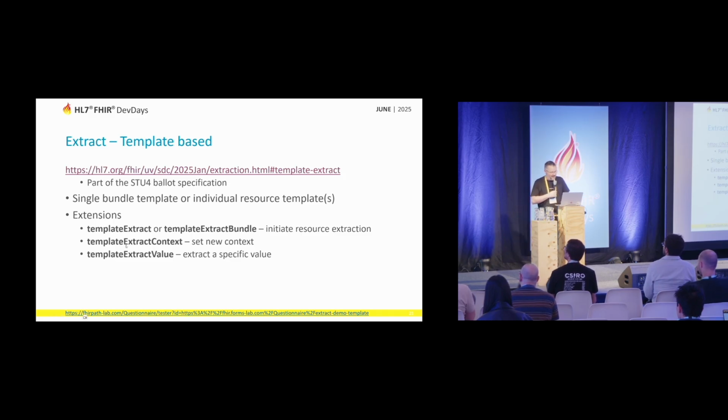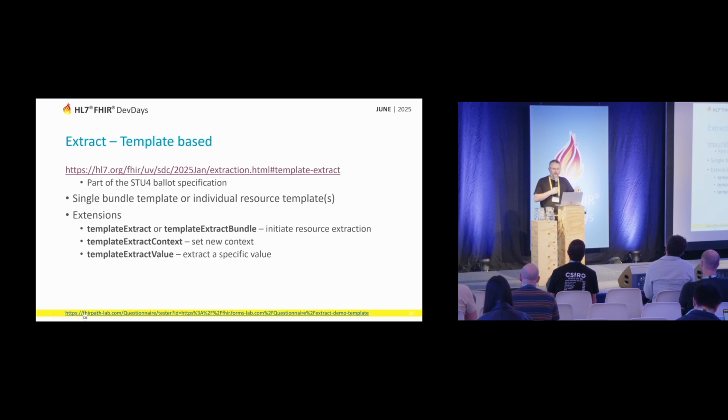So there are two versions of it, the basic extract and then the full bundle extract. The full bundle extract means that you put into your template the entire bundle, whereas with the template extract, you do it resource by resource.